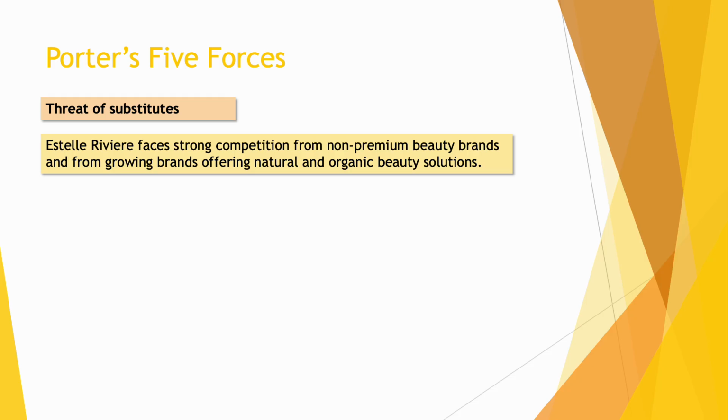So some of these cheaper mass-produced brands, or some of the newer organic ones, you could argue that they are a substitute to the traditional beauty products that our company and our direct competitors make. So that's arguably a substitute.